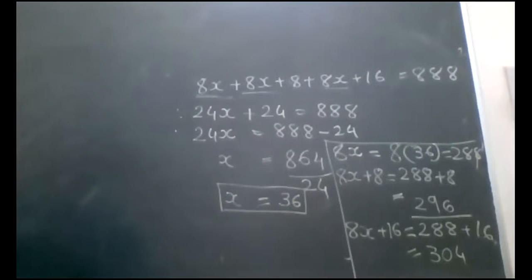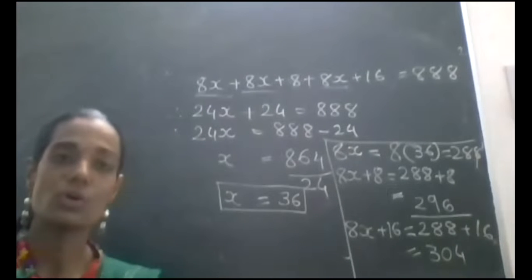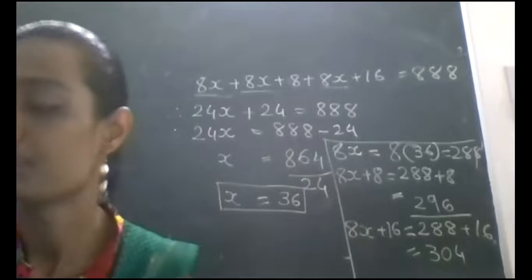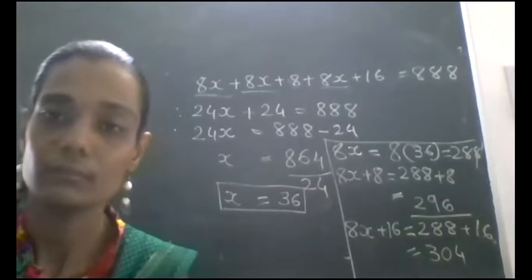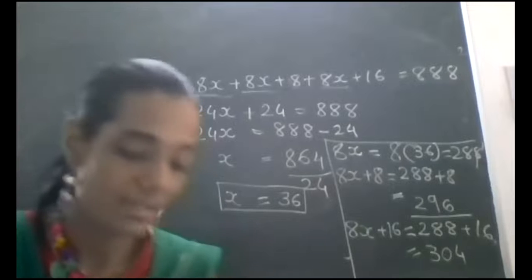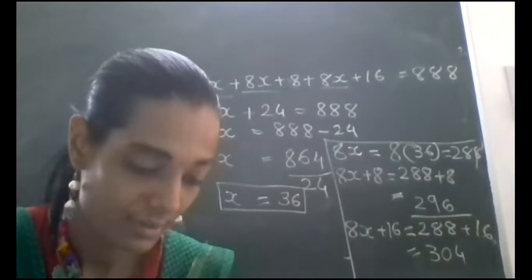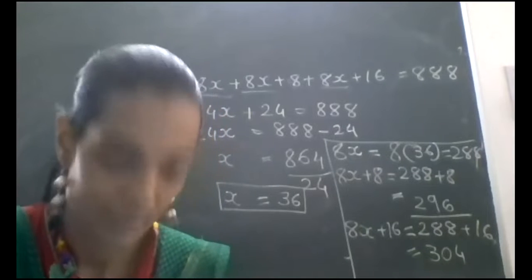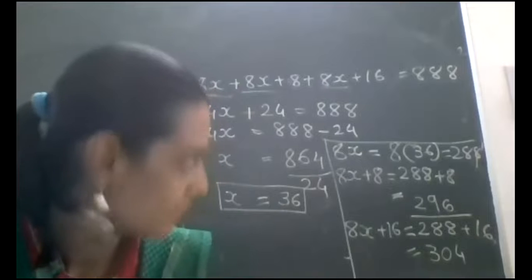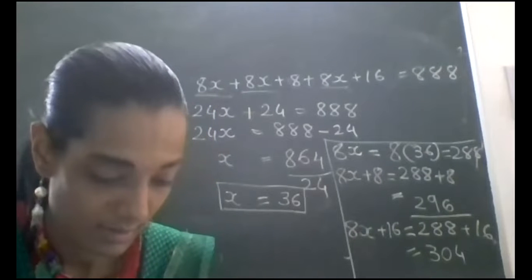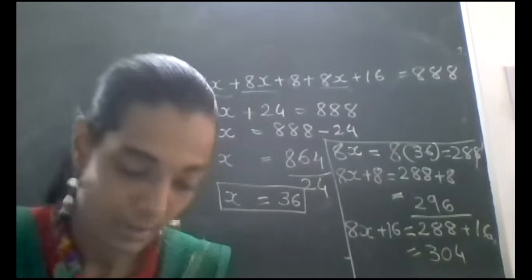Right? So, at the last, you can write, so the three numbers are 288, 296, and 304. Right.